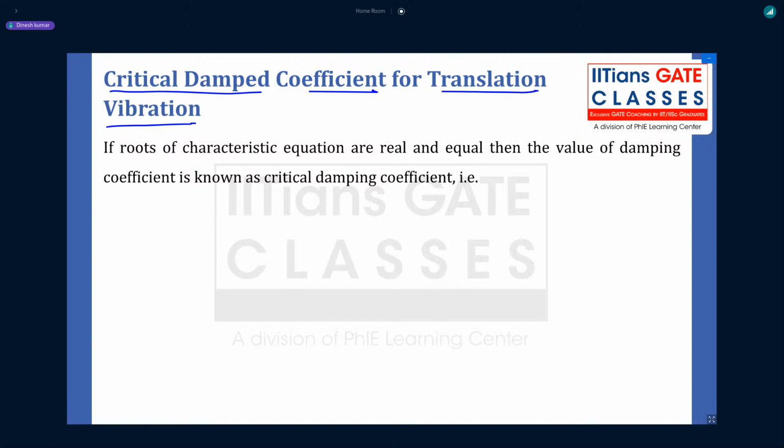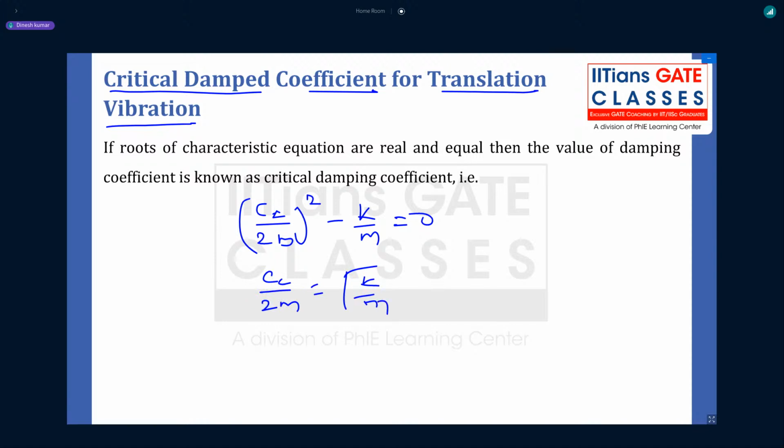So if the roots of the characteristic equation are real and equal, then your damping coefficient is known as the critically damped coefficient. That means (Cc by 2m) whole square minus K by m is equal to 0, and then you can write Cc by 2m is under root K by m, and we know under root K by m is the natural frequency.